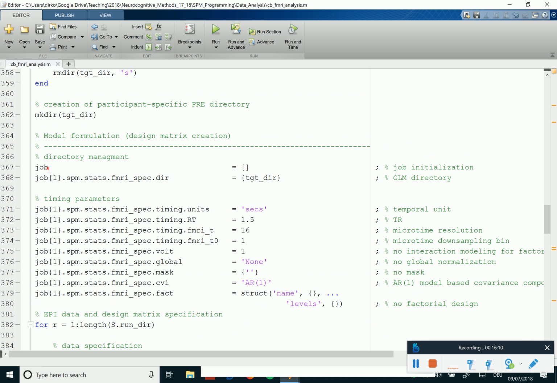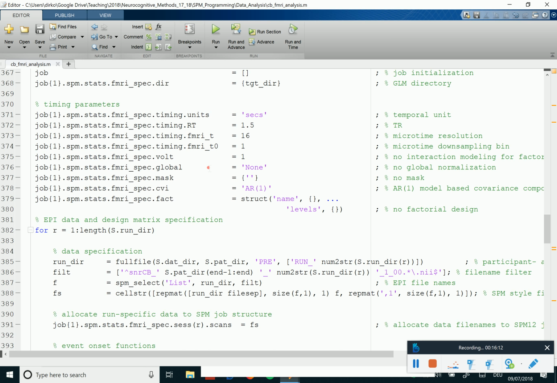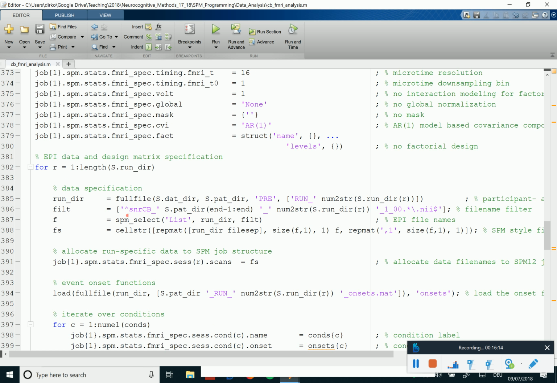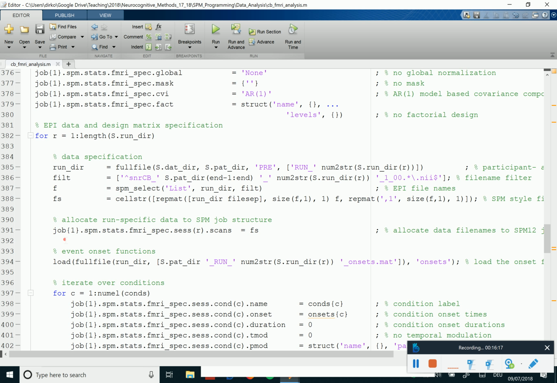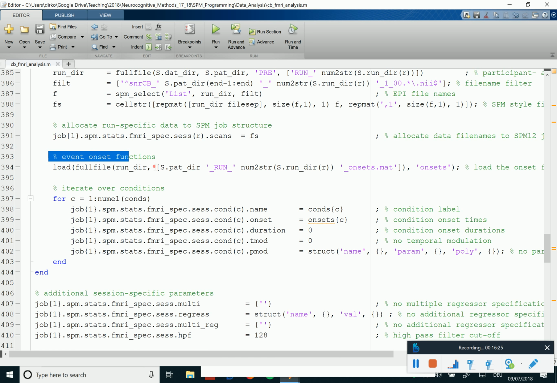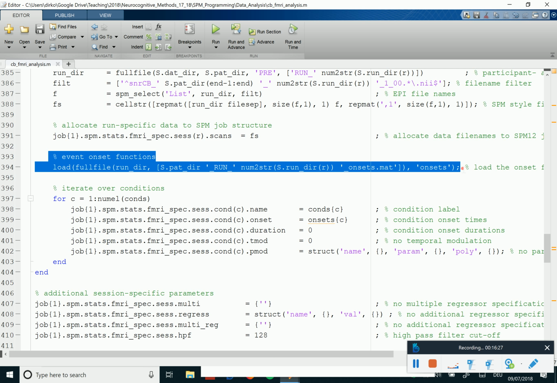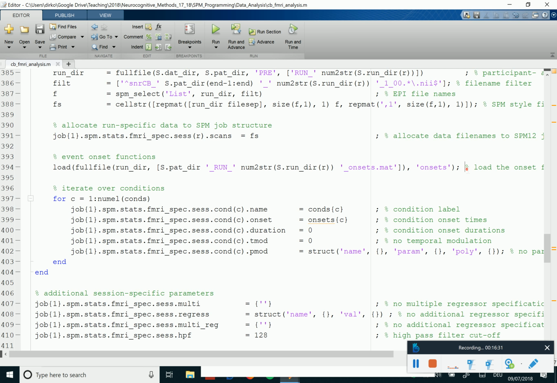Last time we specified the timing parameters and discussed them, and then we went to data specification, which takes the smoothed, normalized, realigned volumes from a given run. And now we can load this event onset function, which I'm doing here, so the data in the file which has the event onsets.